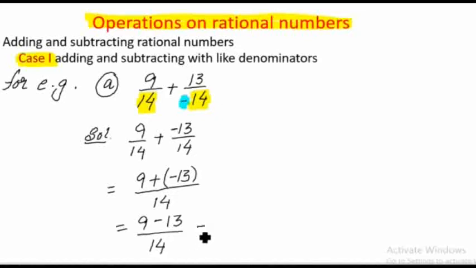So we get minus 4 upon 14. Now this is not in standard form, so we can write this in standard form. We can cancel it by table of 2, it will go 2 times. By table of 2, it will go 7 times. So the number is minus 2 upon 7.